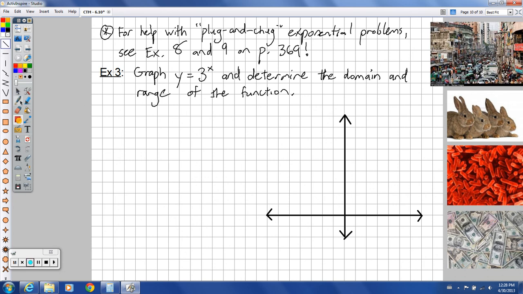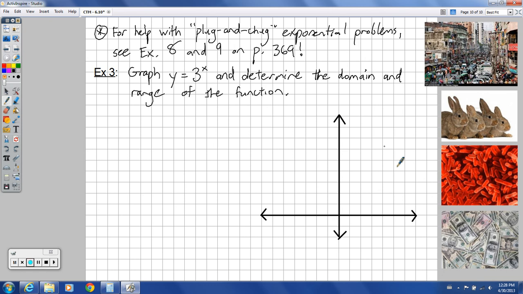Hey, there you go. That's our x-axis, our y-axis. And on this one, I'm going to go up. I'm going to say each 2. Is that going to be enough? No, I'll go with 1. No. There we go.